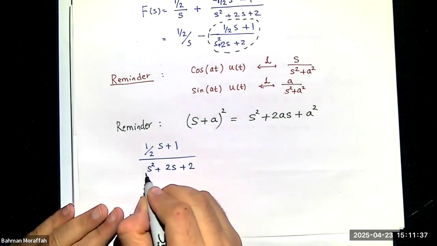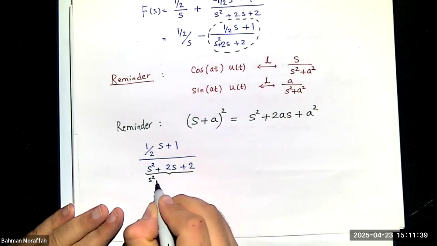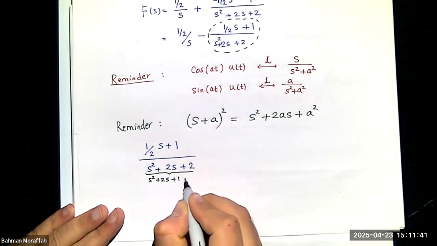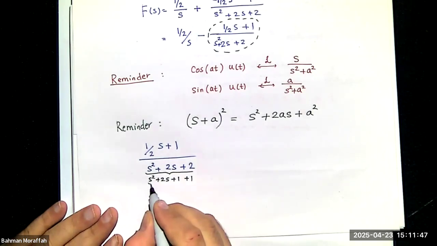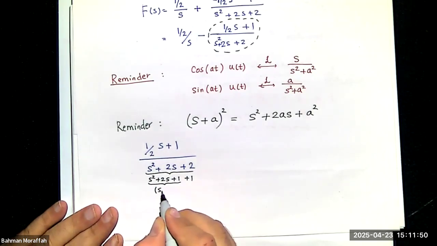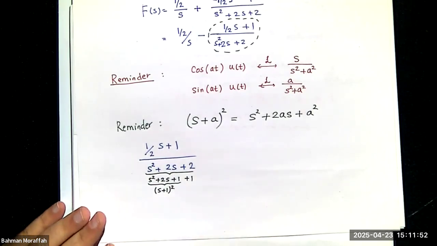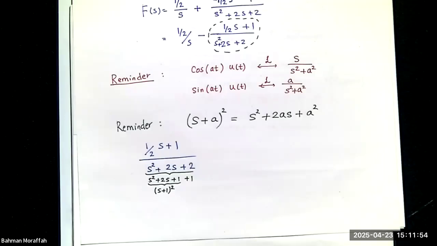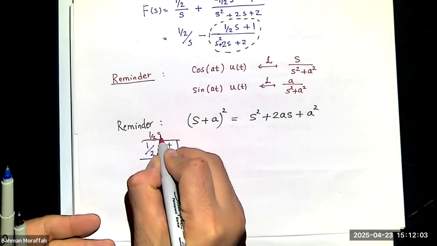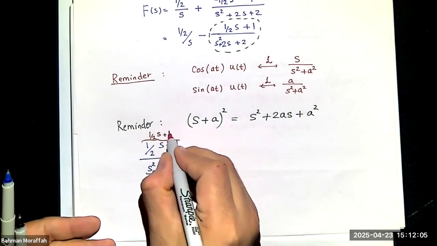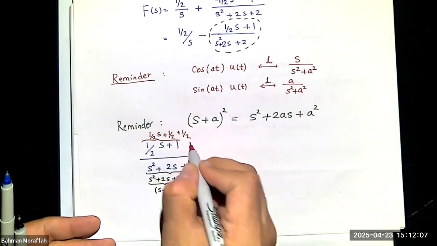Do you agree I can rewrite this as s squared plus 2s plus 1 plus 1? Right? And as soon as I do that, I know this term over here is (s plus 1) squared. How about the numerator? Do you agree I can write the numerator as half s plus half plus half?